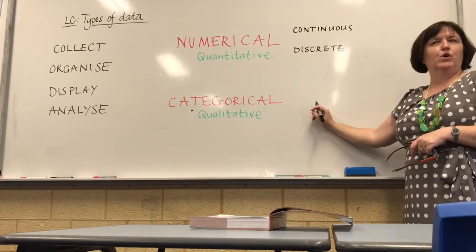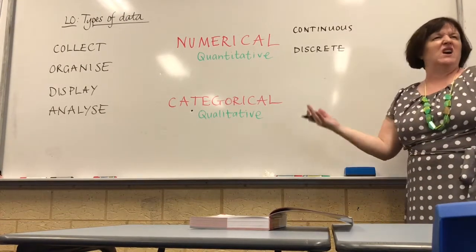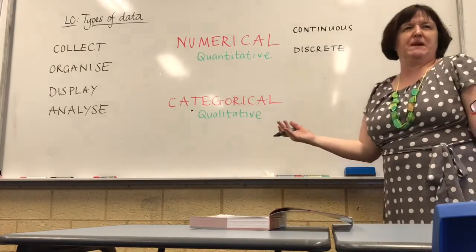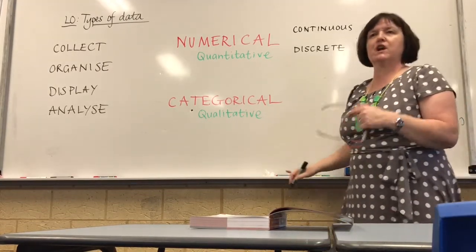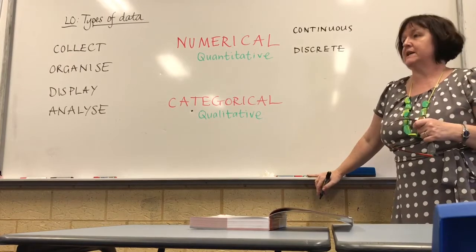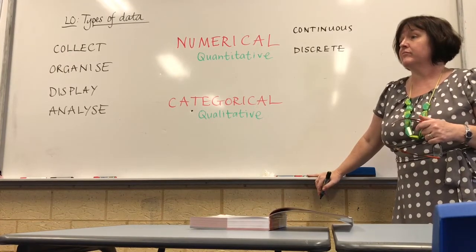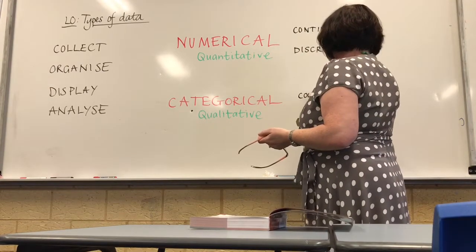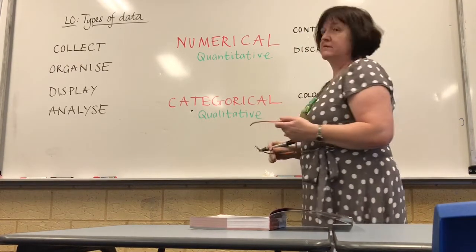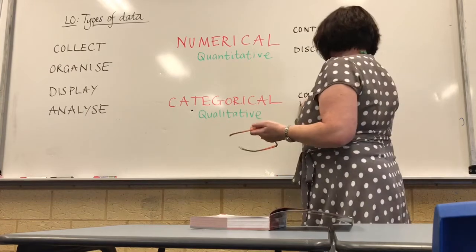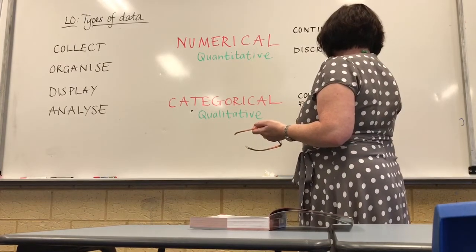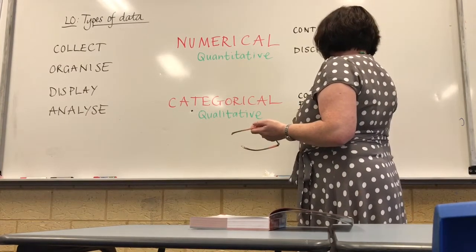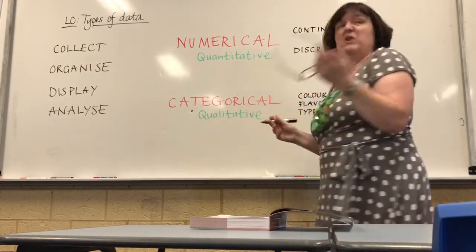Categorical data, what kind of things would that be? What type of things would class as categorical data? Yeah, so colour of things. Yeah, good. Colour, flavour, type, what it looks like.